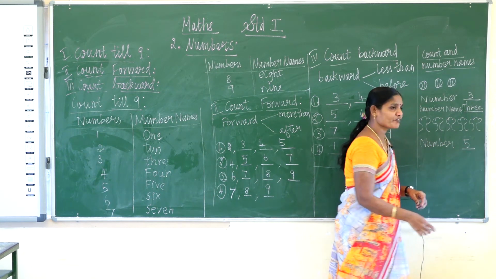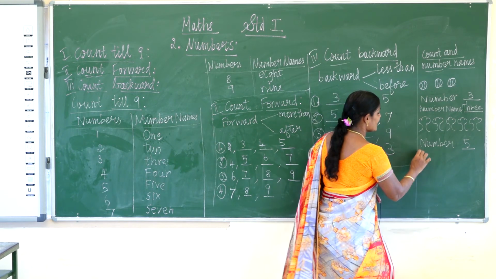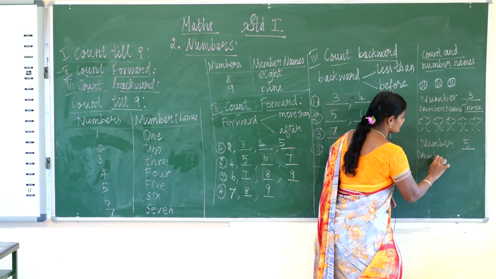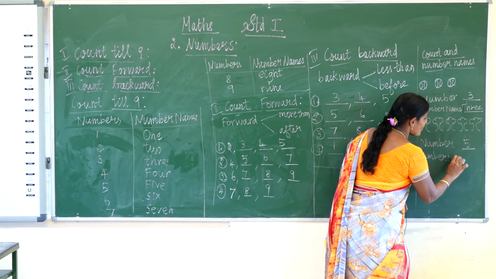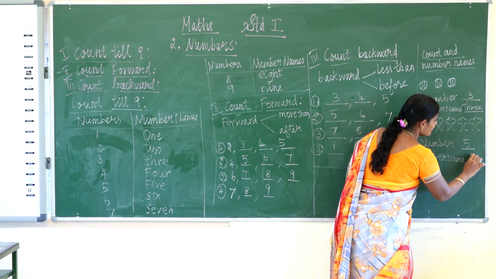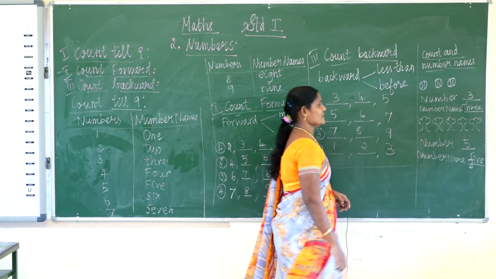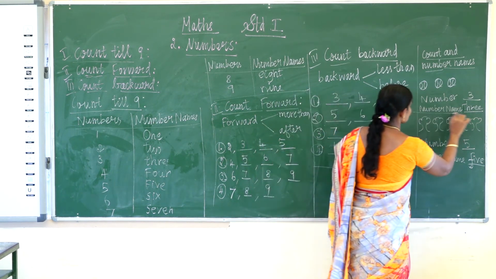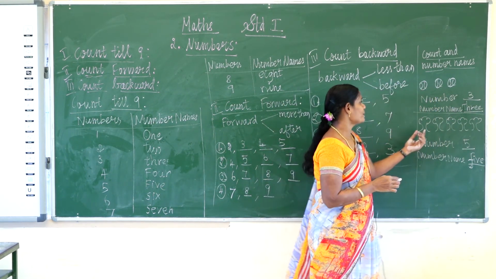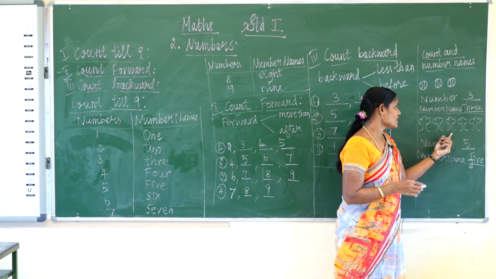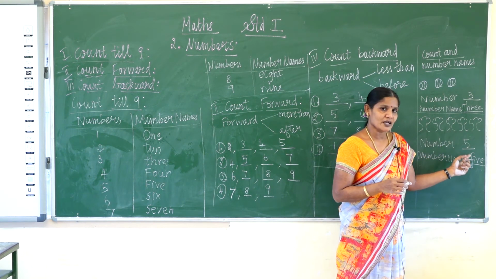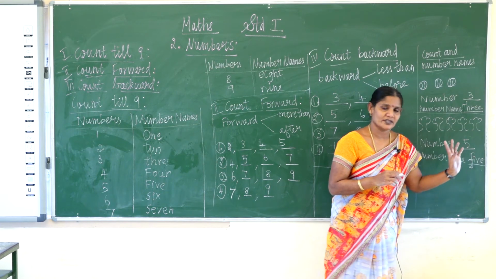What's the spelling for 5? So number name F-I-V-E. Okay. So you have to count the trees. 1, 2, 3, 4, 5. Write 5. Write the spelling F-I-V-E.